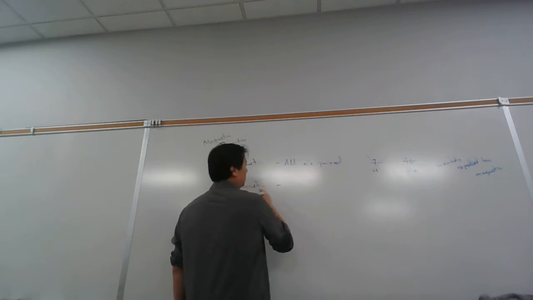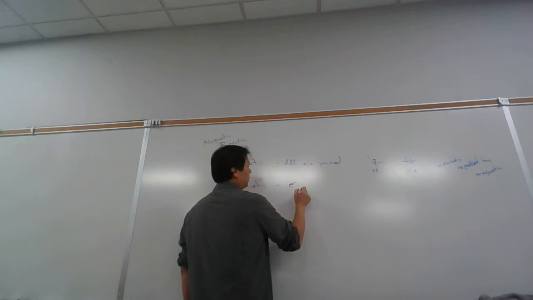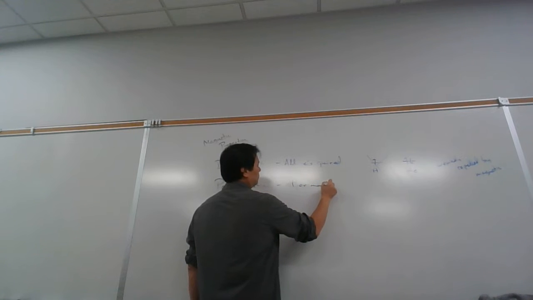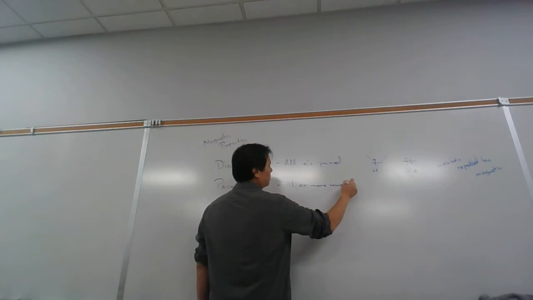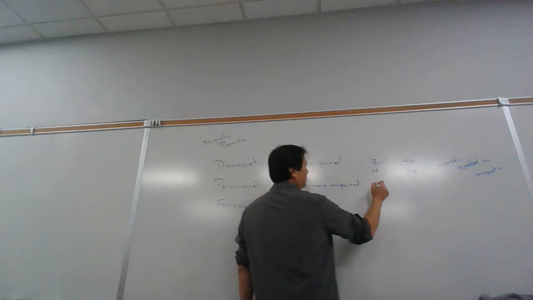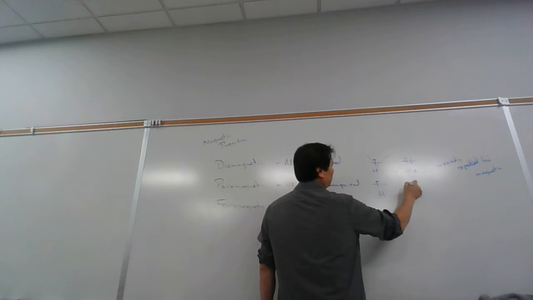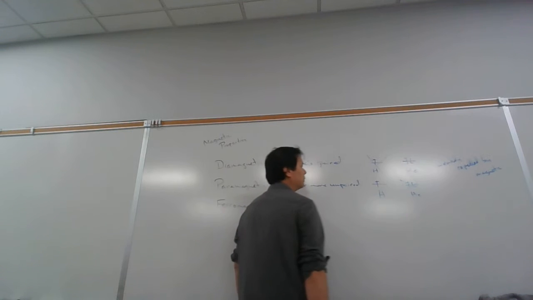If we look at a paramagnetic material, we're going to have one or more unpaired electrons. So here, hydrogen would be paramagnetic, helium would be non-paramagnetic.